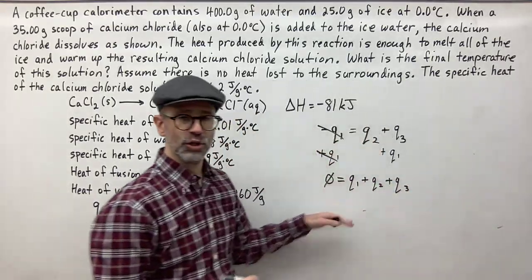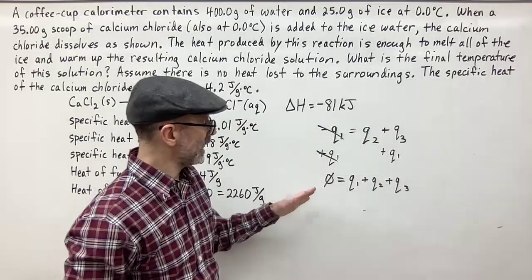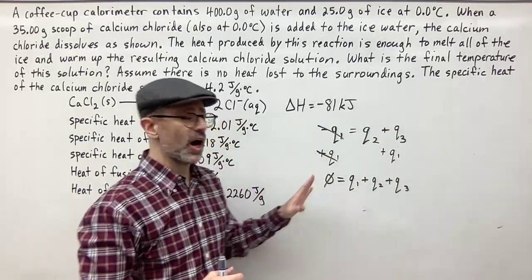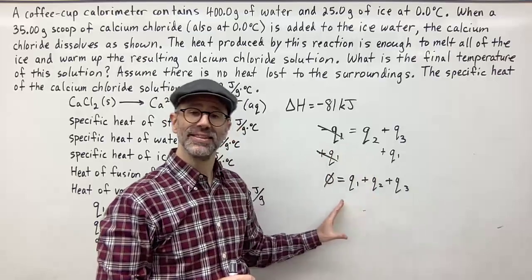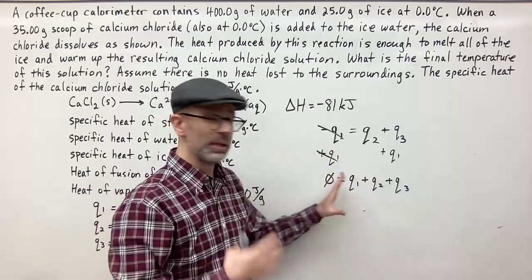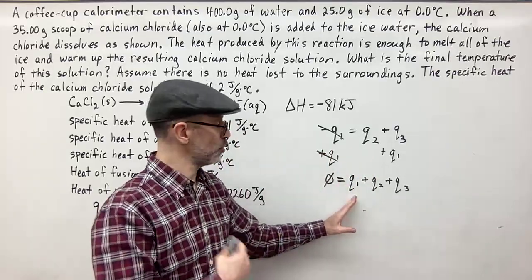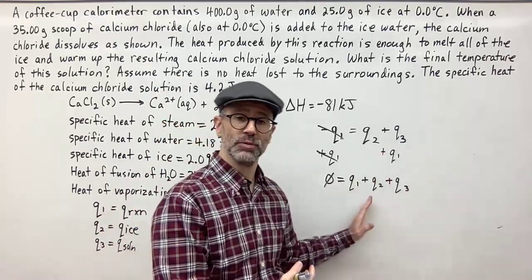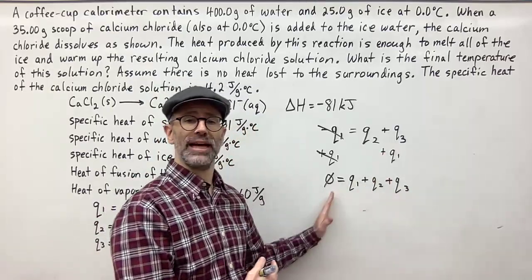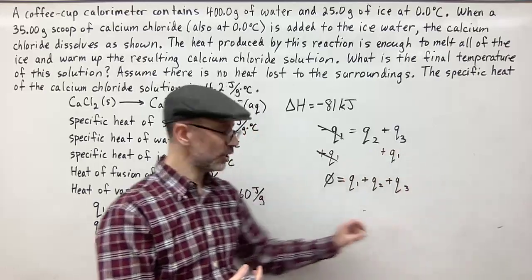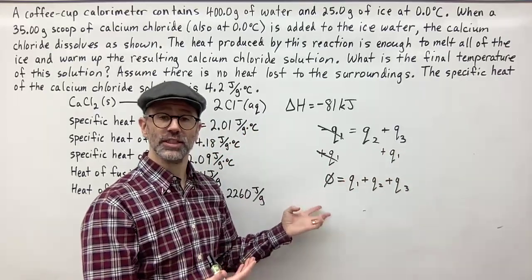So all of your Q values are on one side. Again, this makes sense because all of the heat that is being released is going to be negative. That's equal to the amount of heat being absorbed, which is positive. So if they're equal and opposite, all of these added together should end up being equal to 0.